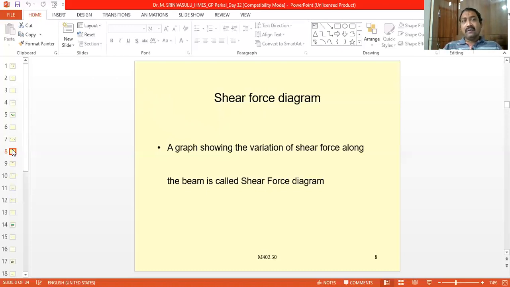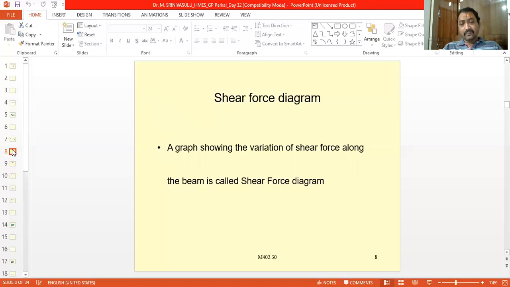So the shear force diagram will show the distribution of the shear force along the length of the beam, and a graph showing the variation of the shear force along the length of the beam is called the shear force diagram.